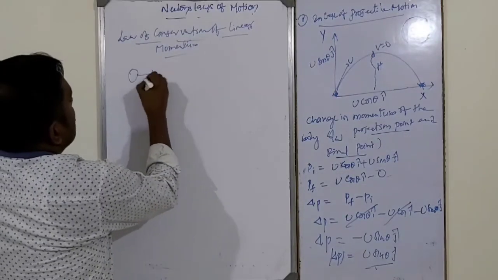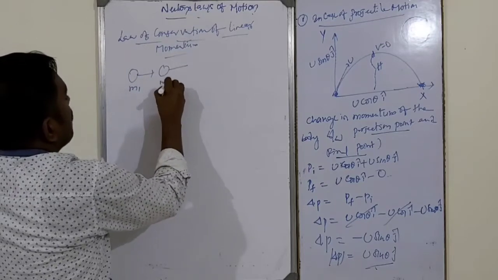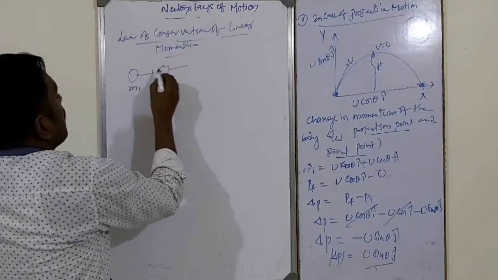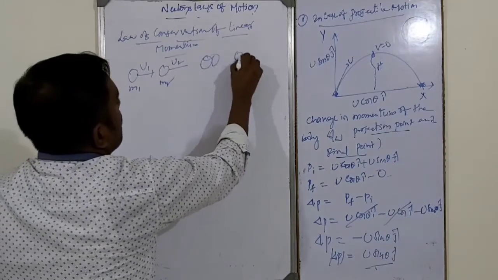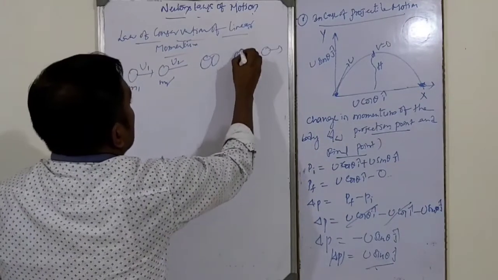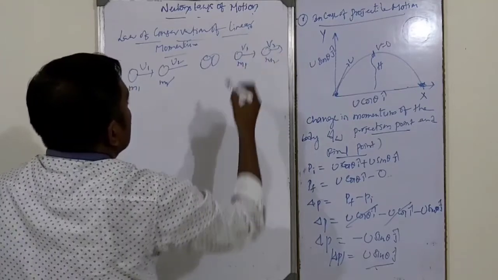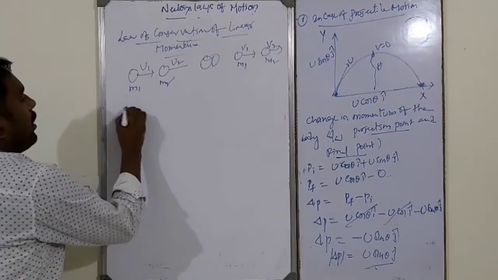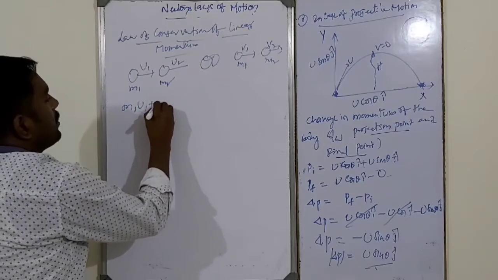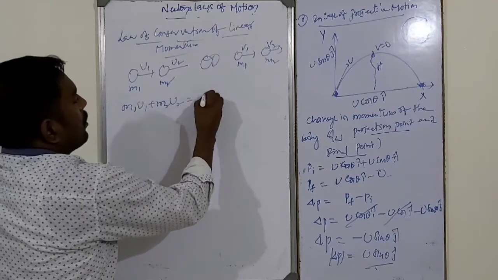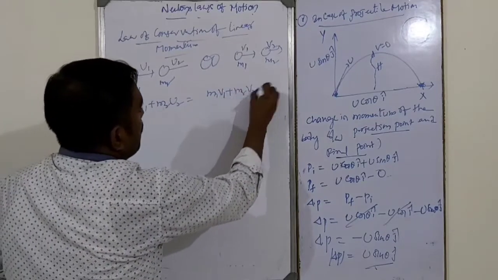See dear students, consider two bodies. The masses are m1 and m2 moving with velocities u1 and u2. This is the collision point. After collision, they move with v1 and v2. The masses remain constant. Then m1 u1 plus m2 u2 is equal to m1 v1 plus m2 v2.